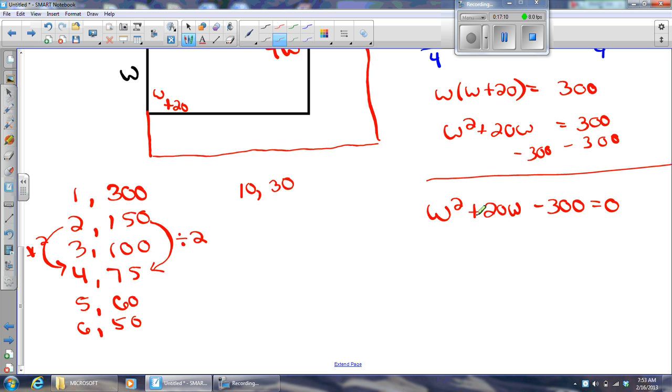All right, so I am going to write it as a 4-term polynomial: W squared minus 10W plus 30W minus 300. I know I'm contradicting myself, but got to remember that teaching you to factor by turning a trinomial into a polynomial, this is new to me.